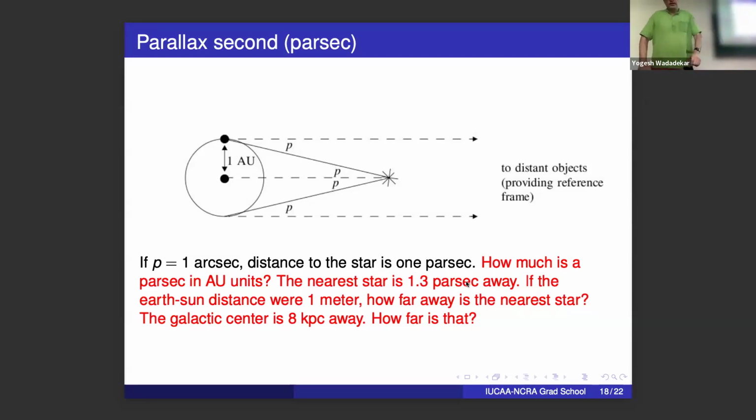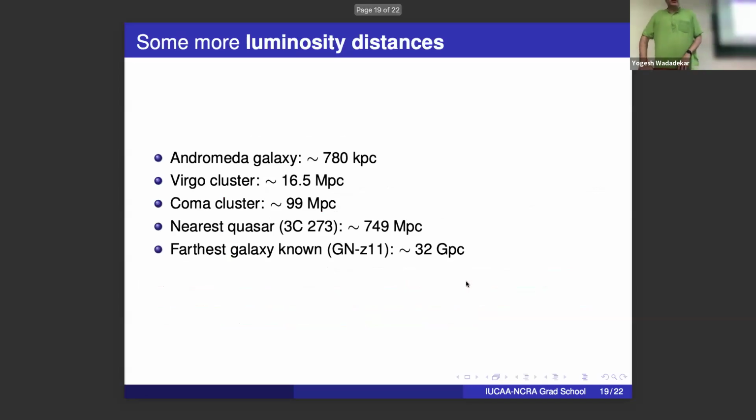So now a table of some distances. I have said something called luminosity distance at the top. Do you know what that could possibly mean?